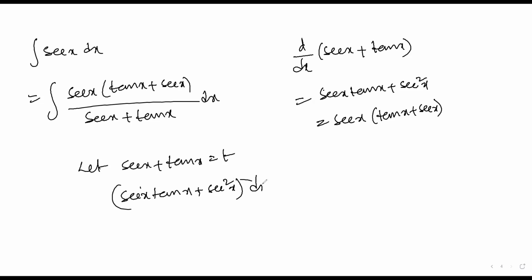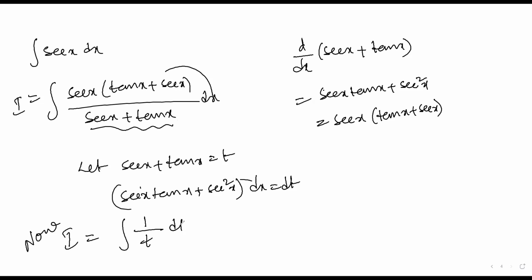Got it? Now substitute in the integration. I equals integration of dt by t, since the numerator times dx is dt and the denominator is t. So log mod t, which is log mod secant x plus tan x.